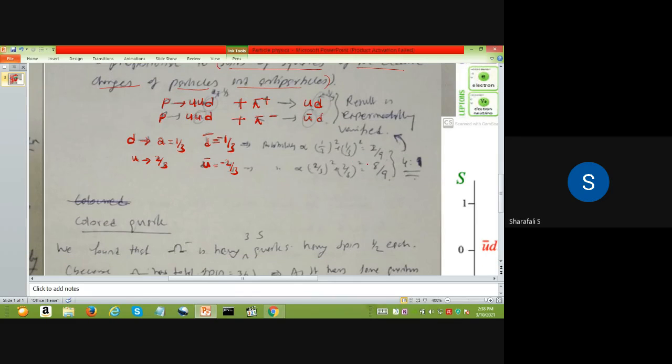Okay, so in this case, we have 1 by 3 plus 1 by 3. Here we have 2 by 3 and 2 by 3. If you consider the square of this, it is 1 by 3 square plus 1 by 3 square.